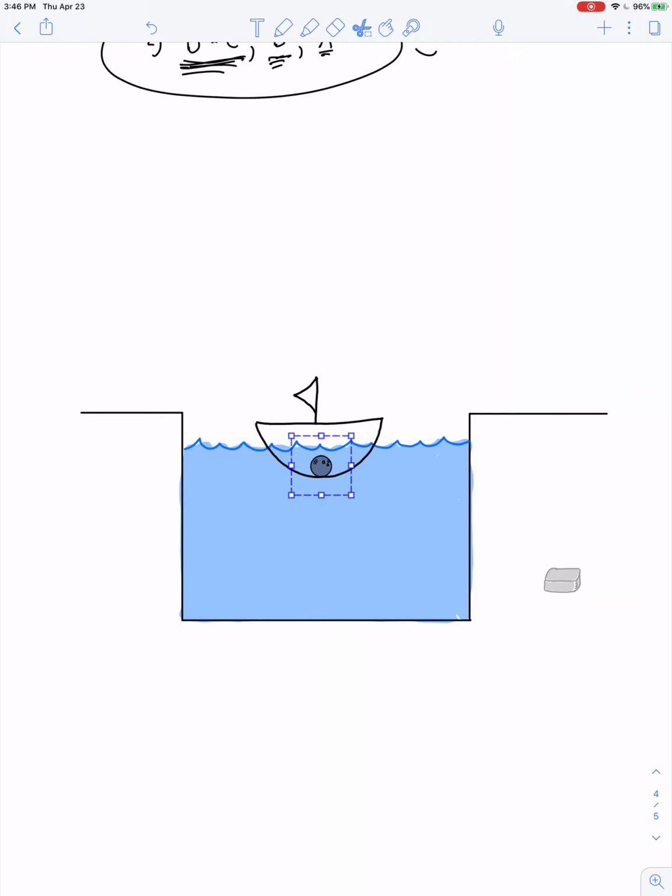And when the bowling ball rests in the bottom of the boat, the water level where it meets the edge of the pool is clearly marked. So let's say when the bowling ball was in there, we use some paint and we mark where the water meets the edge of the pool. That was when the bowling ball was inside.